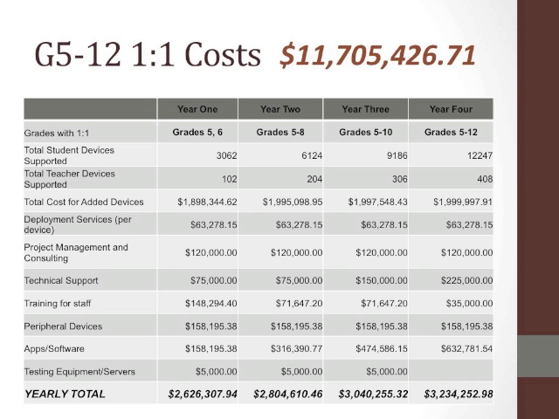And then testing equipment. In order to have a successful implementation of centrally managed devices, we need to have equipment on board that will help us to distribute apps and to test different management systems.